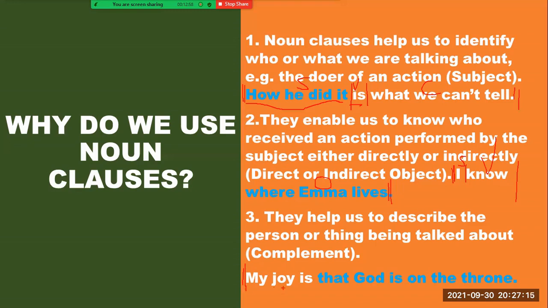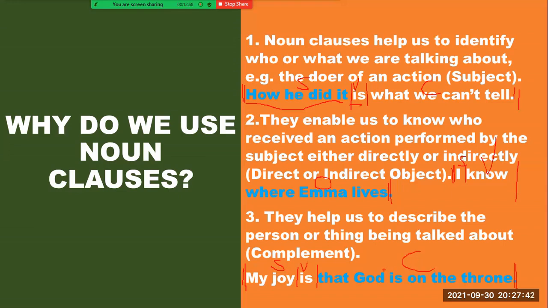My joy is that God is on the throne. My joy is the subject here. My joy is what we are talking about. That's the subject. Is is the verb. And then that God is on the throne is the complement.